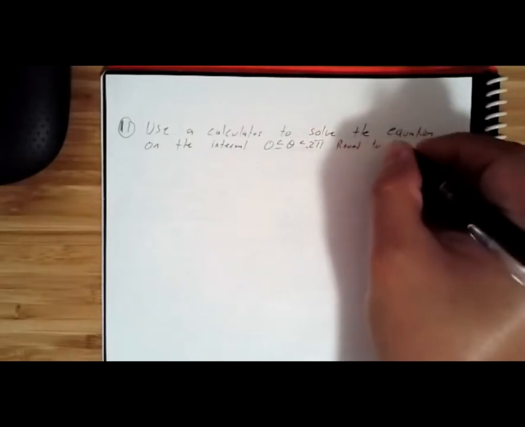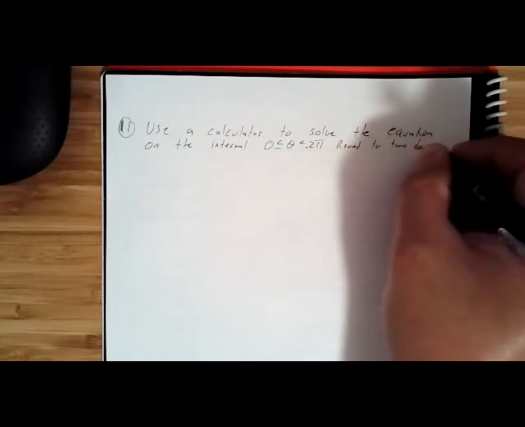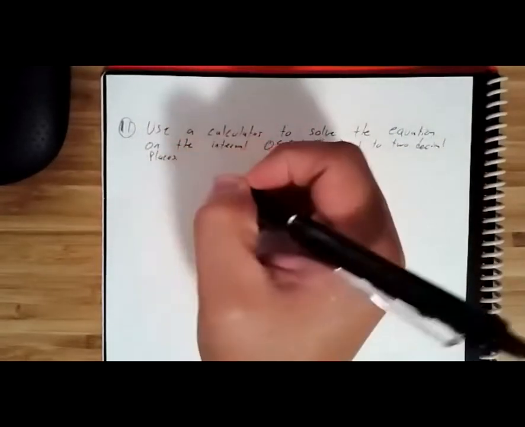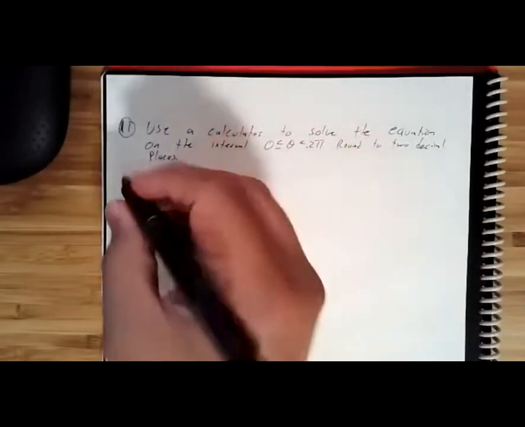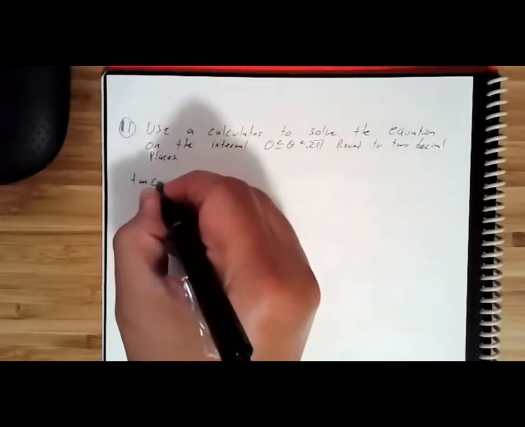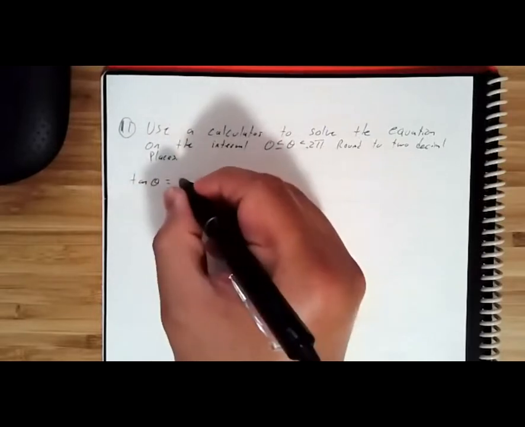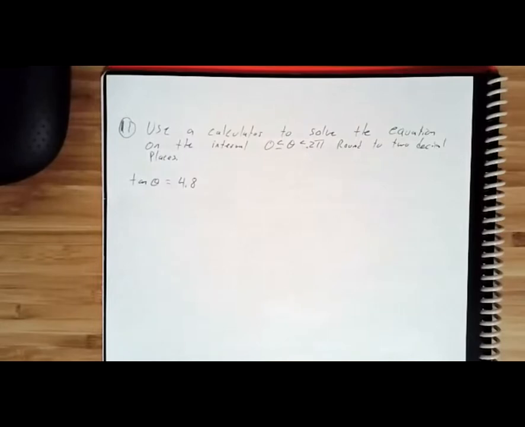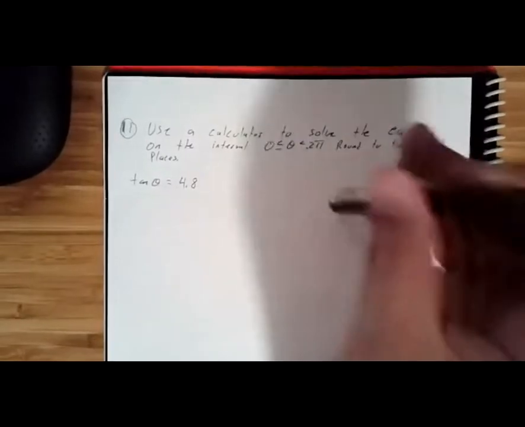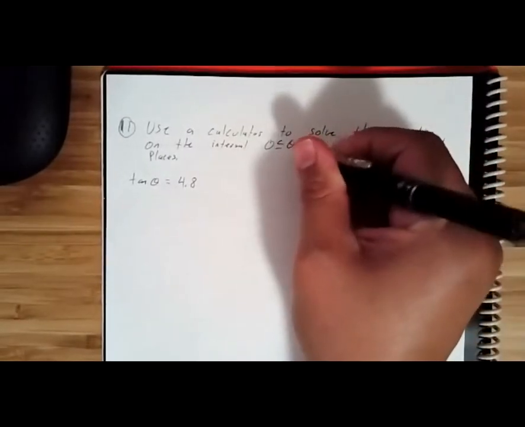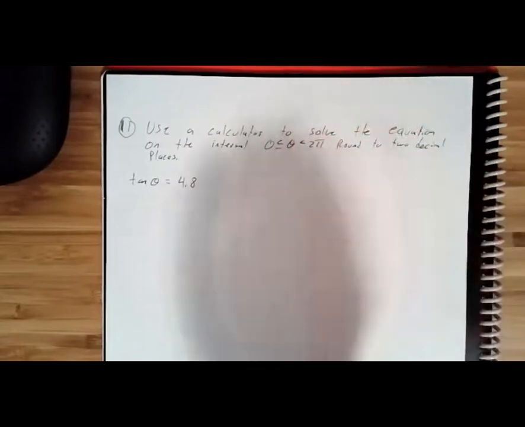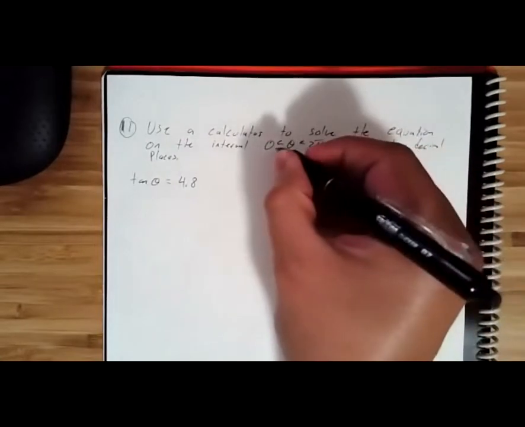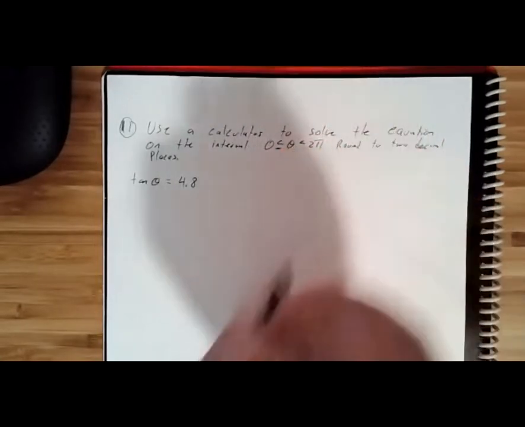Round to 2 decimal places. Is that a decimal point in front of the 2 pi? No, this is a straight mark. So this is 0 less than or equal to theta less than 2 pi.